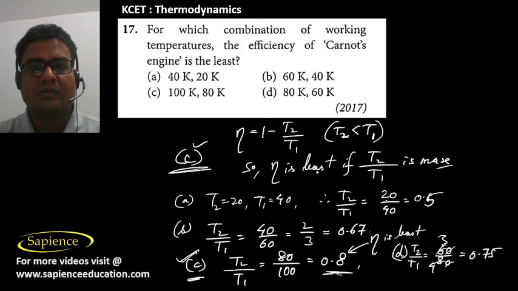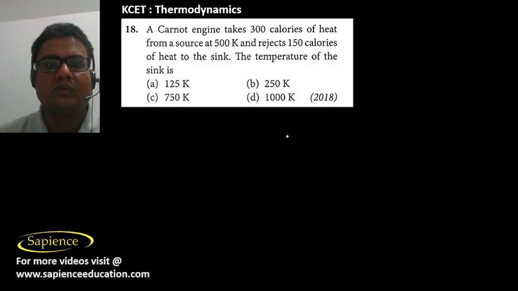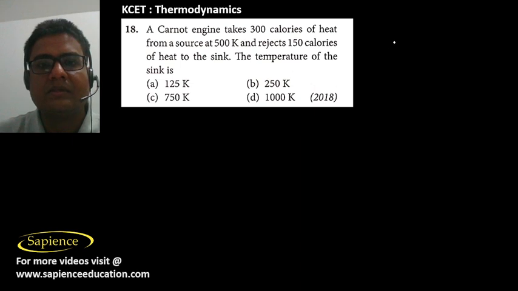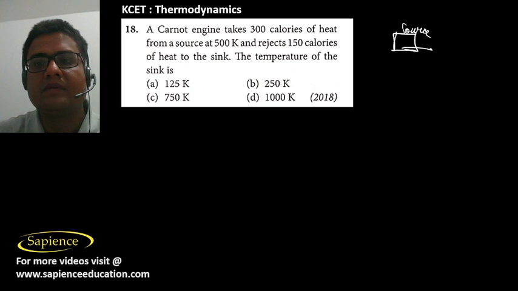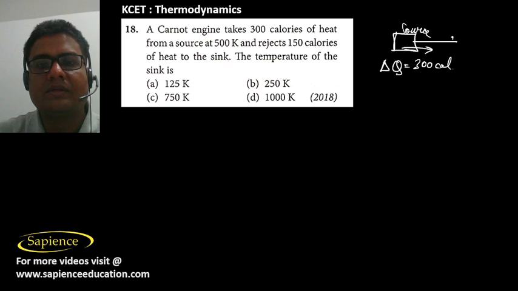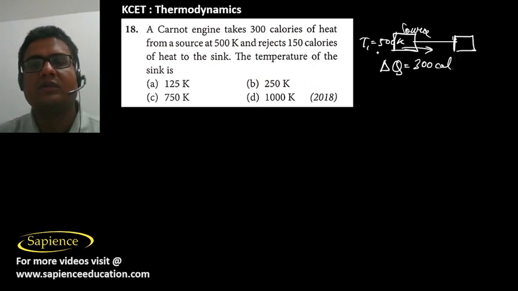Then in question number 18, it is told that a Carnot's engine takes 300 calories of heat from a source. So this is the source. It takes the heat Q1, which is equal to 300 calories, from a source at 500 Kelvin. The source is at 500 Kelvin, meaning this is T1, and it rejects 150 calories of heat to the sink.